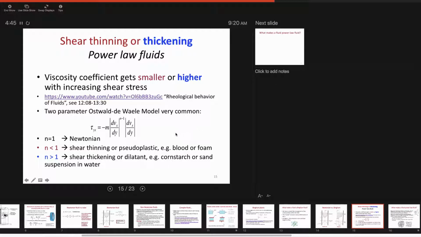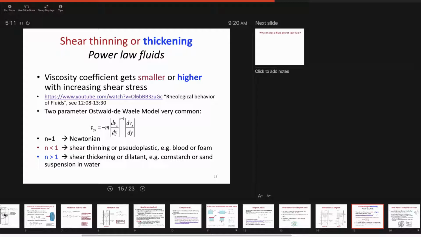So this entire thing here is what my mu was. So my mu now is not just a coefficient. It is actually a functional relationship also between the gradients, or at least that's what it is effectively. Okay, I don't like defining viscosity that way.